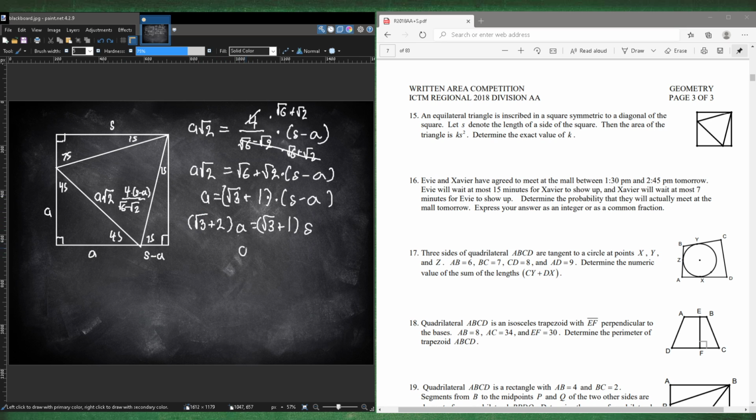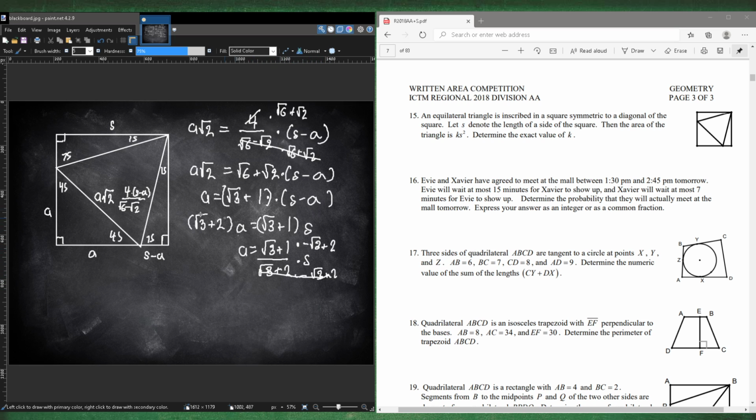So we have a is equal to square root 3 plus 1 over square root 3 plus 2 times s. And then to simplify this, we just need to multiply the top and bottom by negative square root 3 plus 2. Okay, so this is negative square root 3 times square root 3, and that's negative 3, plus 4 gives a 1 on the bottom, so that cancels out really nicely.